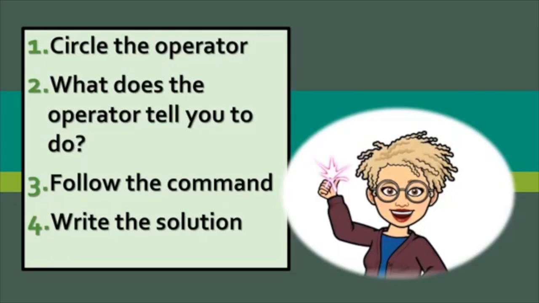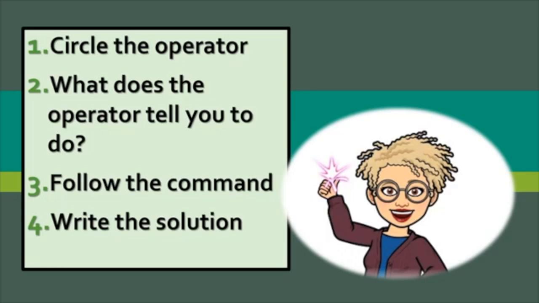Do you remember the steps for solving mixed operations? Here they are again. Circle the operator. Ask yourself, what does the operator tell you to do? Third, follow the command. And fourth, write the solution.